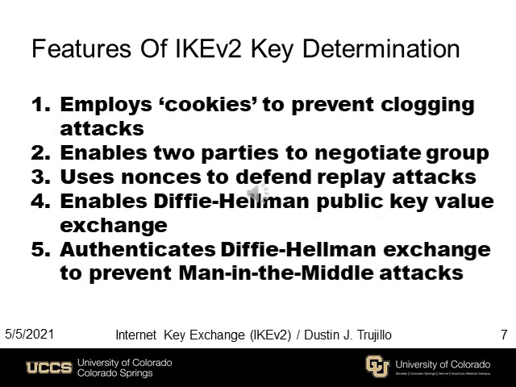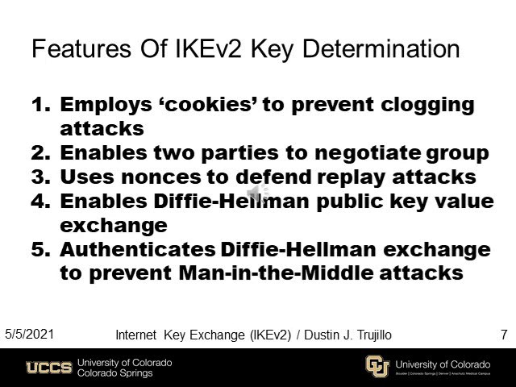As mentioned in the previous slide, IKEv2 key determination is designed to counter the weaknesses of Diffie-Hellman, and this is done by implementing these 5 features you see on this slide. Specifically, Feature 1 refers to employing a mechanism known as cookies to thwart clogging attacks. The second feature refers to enabling the two parties to negotiate a group.